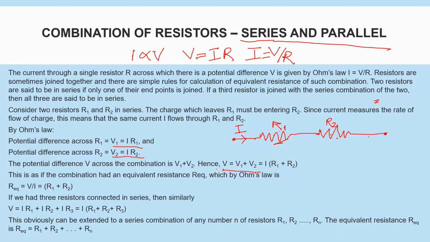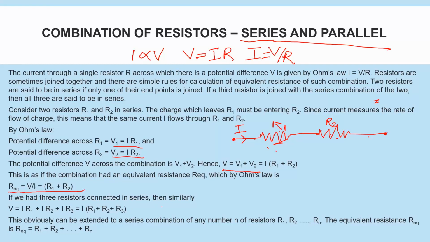So if you take I over here, V by I gives you the equivalent resistance, which becomes the sum of the individual resistances of the resistors. So R equivalent is equal to V by I, which is equal to R1 plus R2.